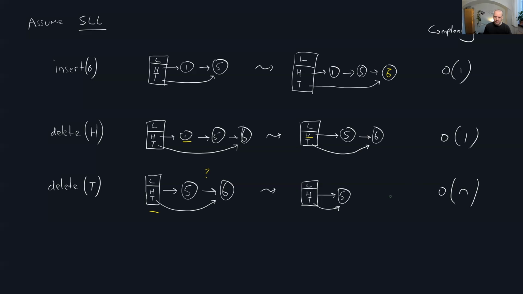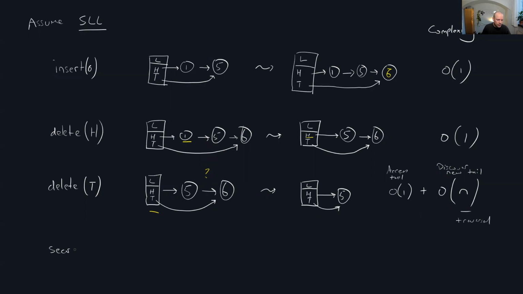In reality, we can access the tail in order 1, because we have a pointer to it, but to discover the new tail we have to traverse the whole list. This is a traversal cost. So this is why not having back pointers is a really bad idea.